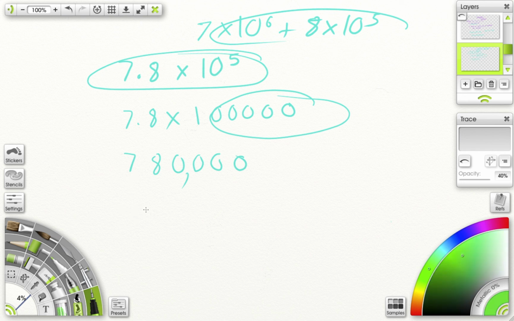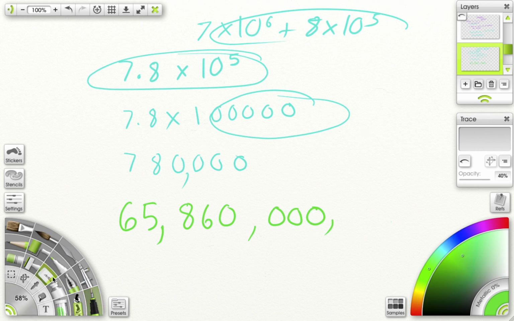So I have 65.6586112. So I have a number that's over 65 million. To convert this into a decimal, remember I have a decimal at the end of every number.